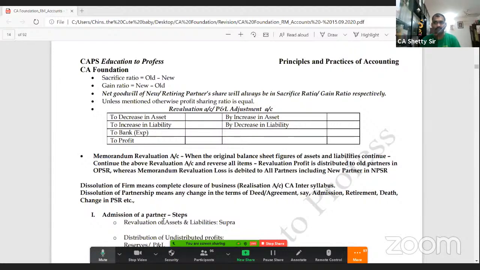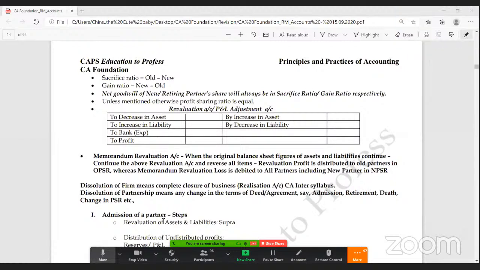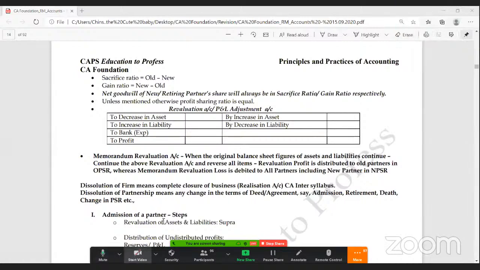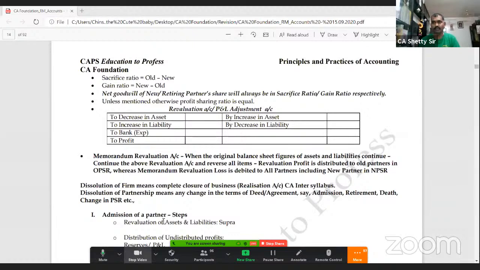Next line, below that: building is revalued at 200 lakh.